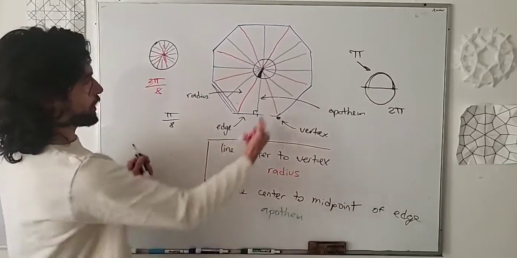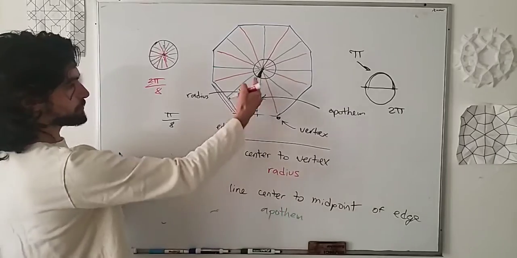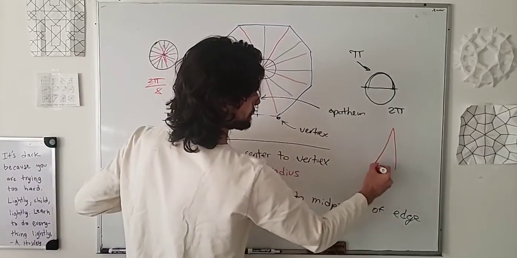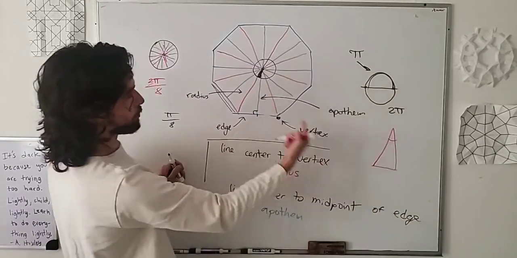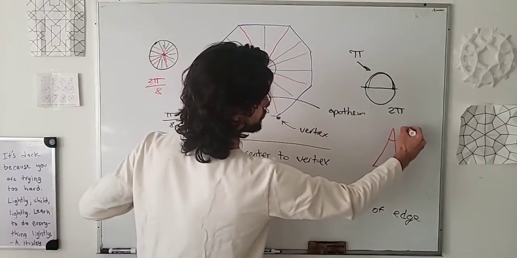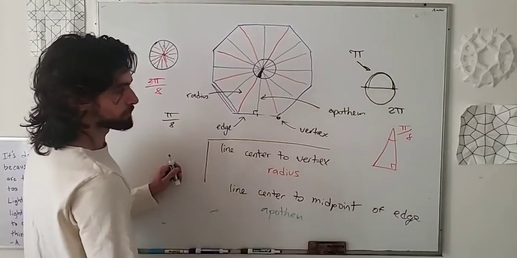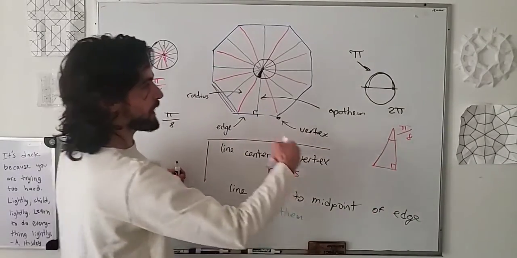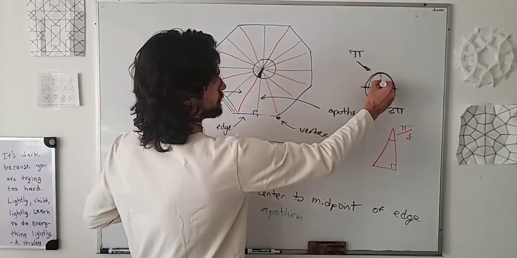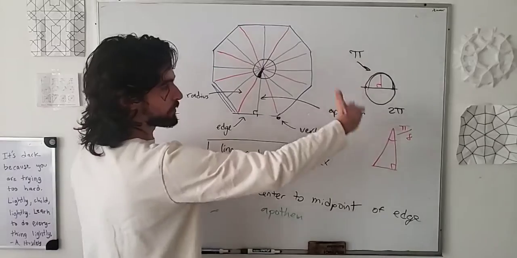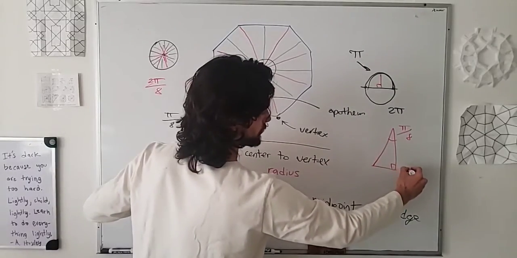All right, beautiful. We have one of those angles. Where should I write this? Let's write it here. So that angle right here is that one, and this one is pi over 8. This is a right angle, and a right angle is half of pi. If pi is a half turn, a right angle is half of pi.